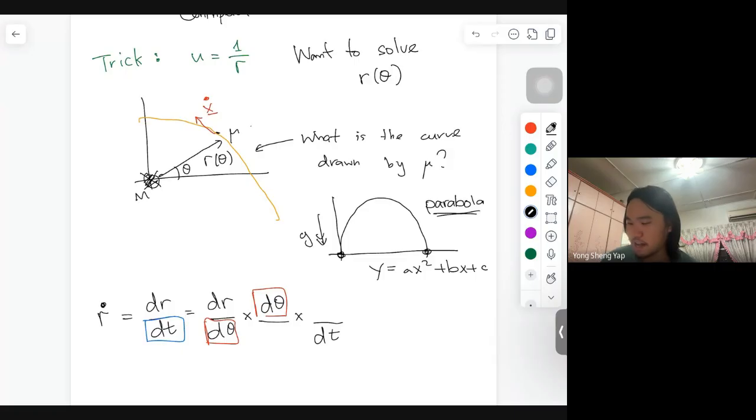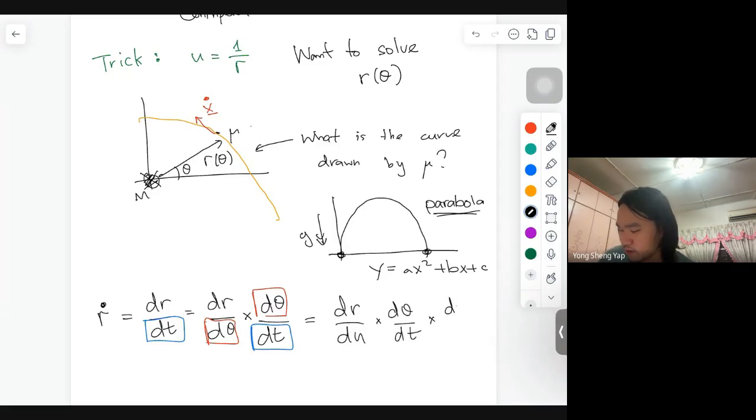Okay. Again, we use this trick to say that r is equal to 1 over u. So let's just do dr/dt. But if we want to express it in terms of this u, we can write dr/du times d theta/dt. Again, we want to cancel out the u, so you have something like du/d theta over here.